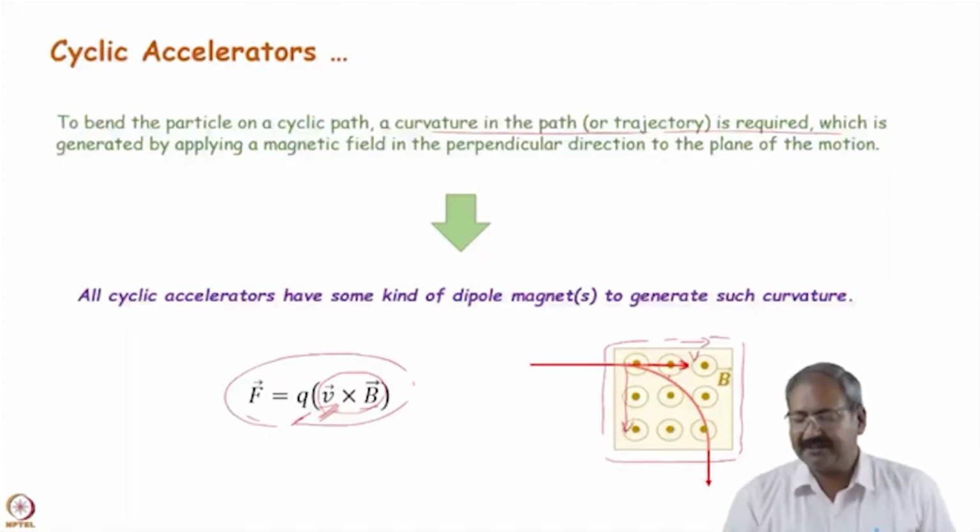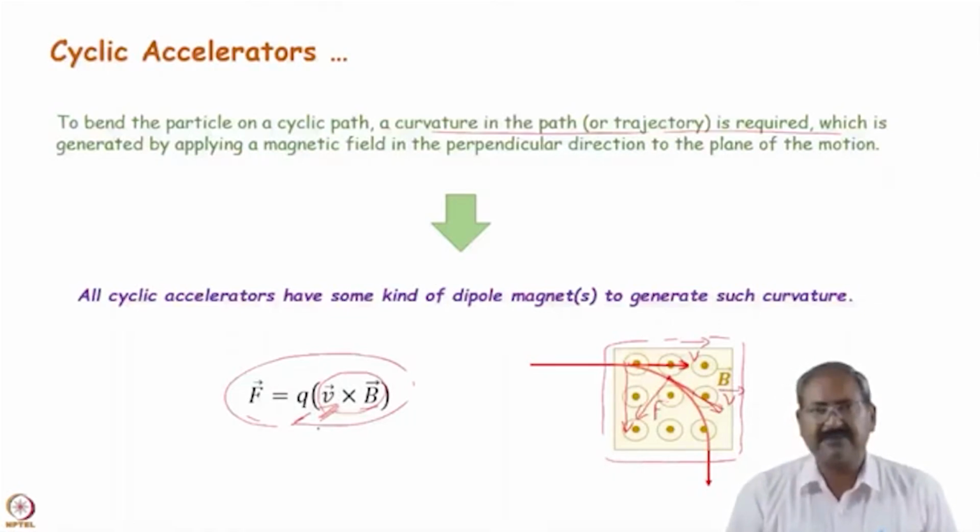When the particle reaches here, v will be in this direction, and again the force is in the perpendicular direction. So this kind of force is imparting a centripetal acceleration to the particle, and due to this centripetal acceleration, the particle's trajectory becomes curved. So a particle can be sent on a circular trajectory using the magnetic field.